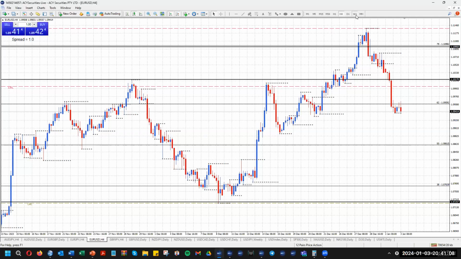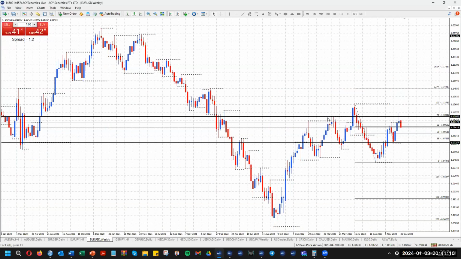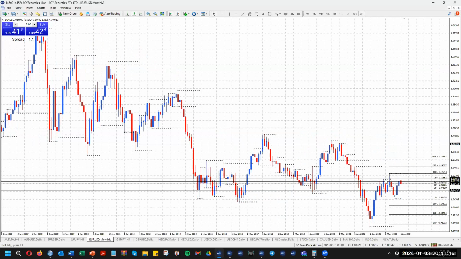but there was a clear monthly, this is my weekly chart, but this is a monthly high over here. In fact, if we go to the monthly chart, we could be dealing with a left shoulder, head, right shoulder forming here on the euro dollar. We've moved up from a lower bottom from these two minor lows here, 1 and 2.